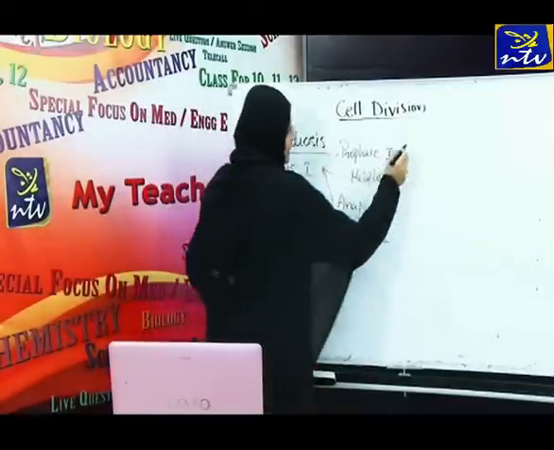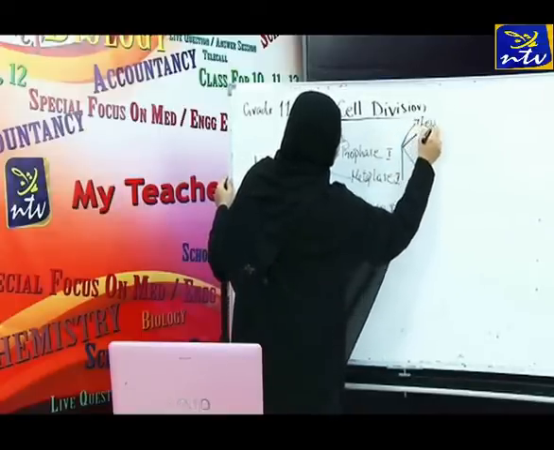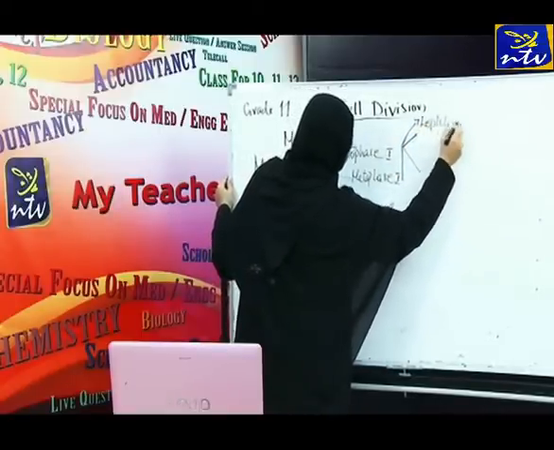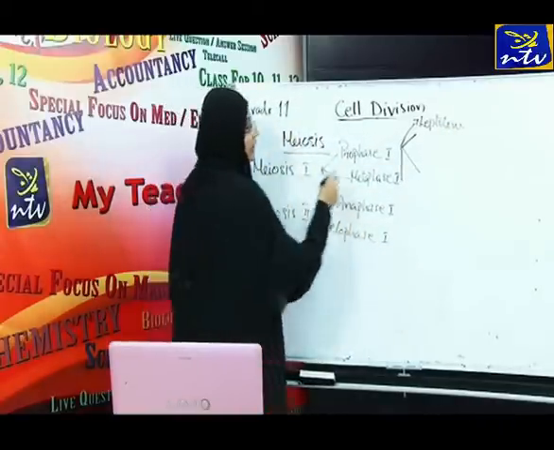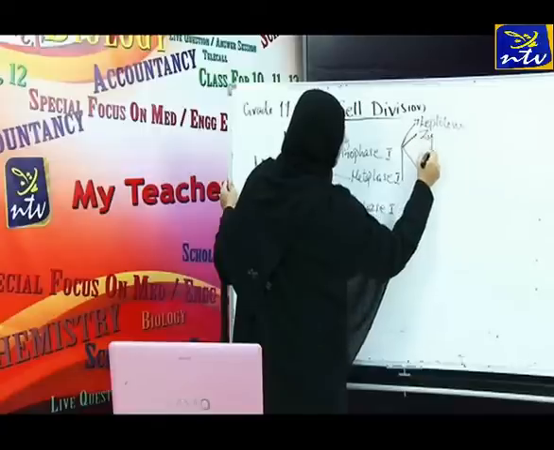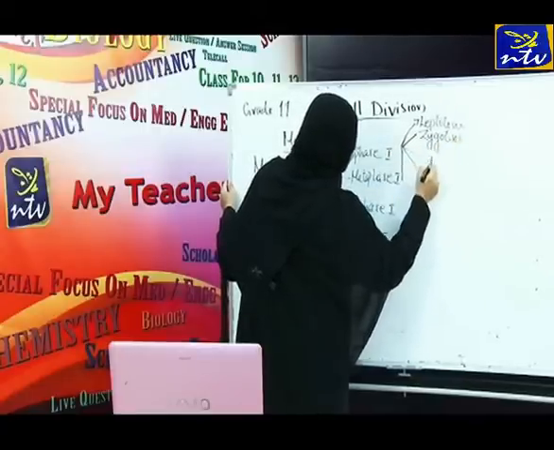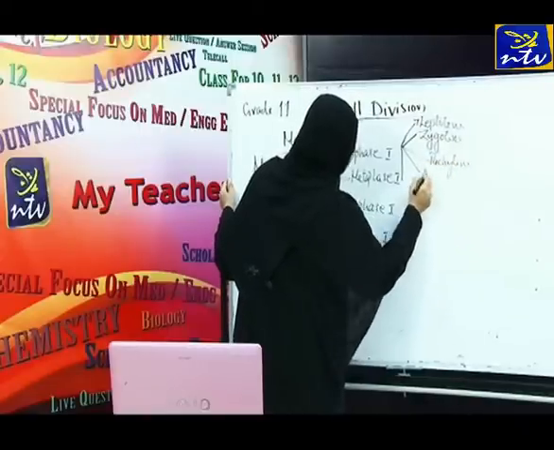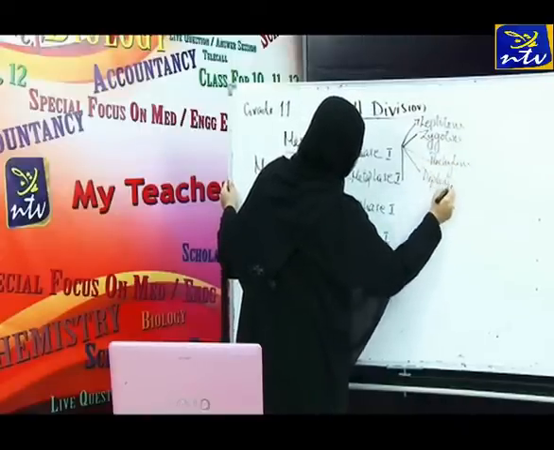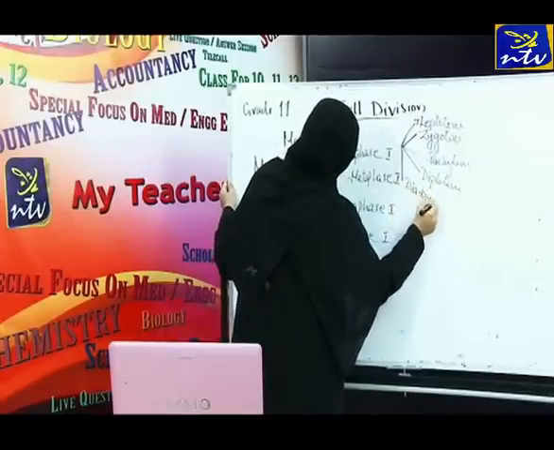These phases are leptotene. In some books you can see leptonema, both are correct. Leptotene, zygotene, pachytene, diplotene and diakinesis.